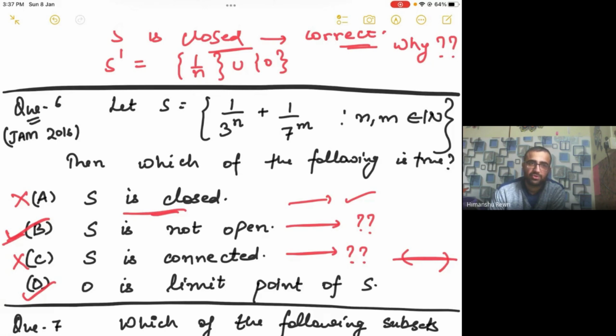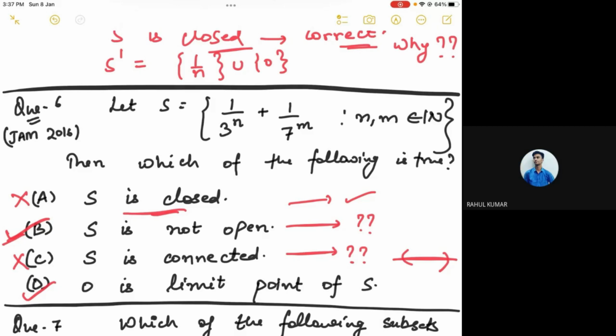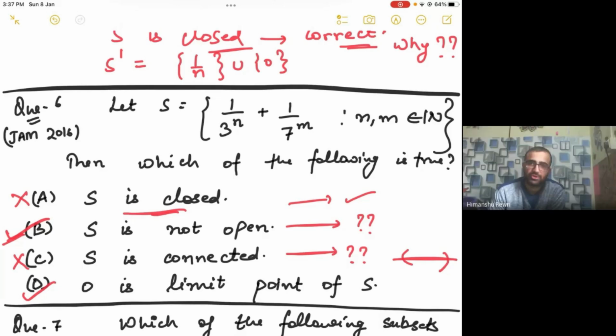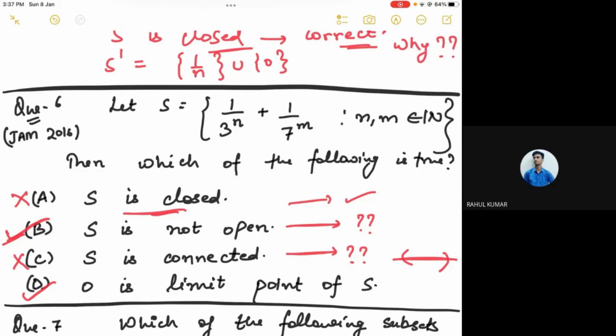So can we go to the question number 7? Sir, the question is about S being open, is then S closed now? No. The question is about whether the set S is open or not. So if it is not open, that should be closed or semi-open, semi-closed. Okay, sir.